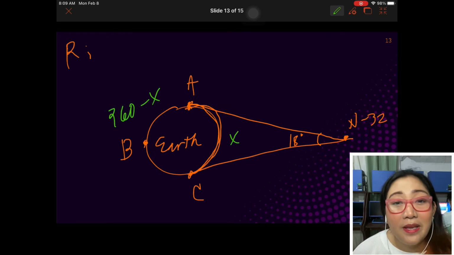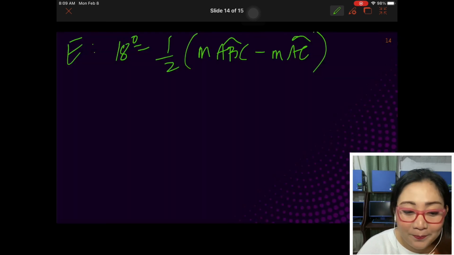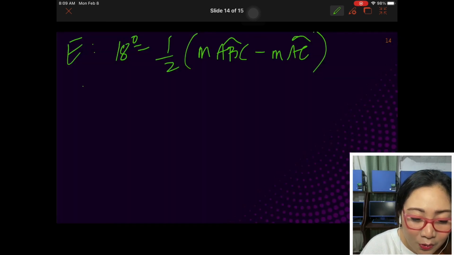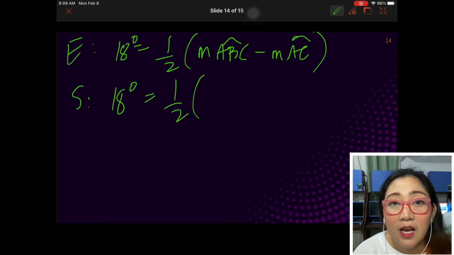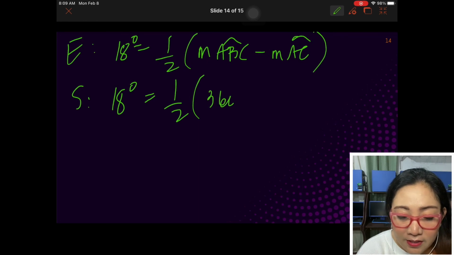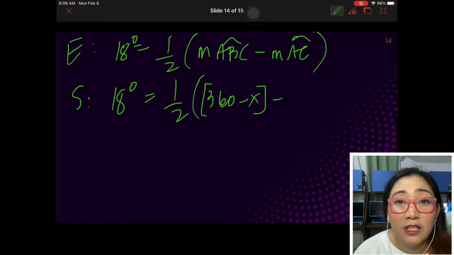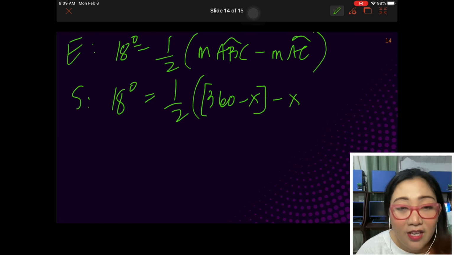So, now we have variables that we can use to solve this problem. So, ang solution po natin ay we have 18 degrees equals 1/2 times the measure of arc ABC, which is 360 minus X, minus the measure of AC, which is X. Okay? So, now, we will solve for X.